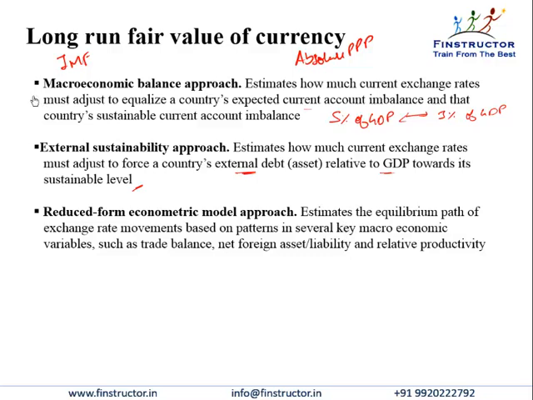There are no details mentioned as to how exactly it is done and how it is adjusted for, but this is the general thinking behind trying to estimate the movement of exchange rates from a long-term perspective as used by the International Monetary Fund or the IMF.